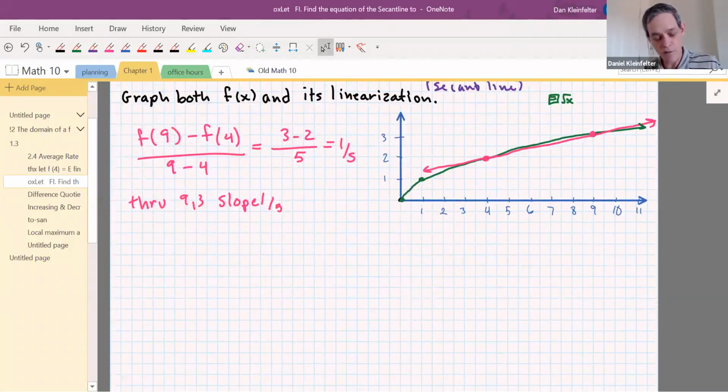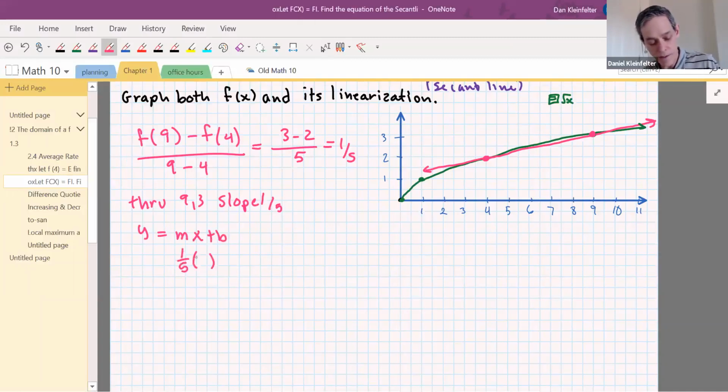Okay, so we want to find the equation of that line. So we'll use the slope-intercept form. We know that it has to have slope 1/5 and pass through the point (9, 3). So when x is 9, y will be 3. So then we can use that to calculate the y-intercept.